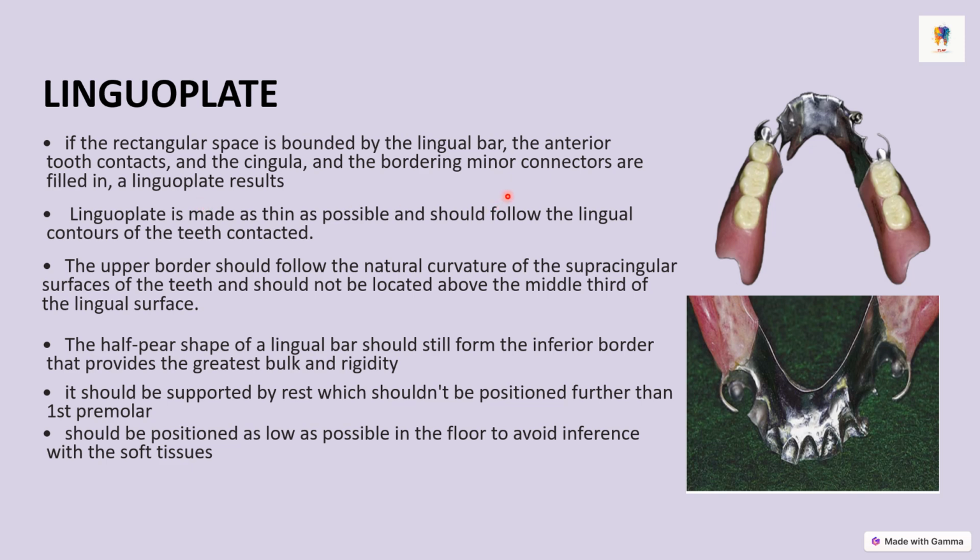How is a lingual plate made? If I give a lingual bar here, and this whole area is covered with another metal covering up to the cingulum of the tooth, and then you give all your other components, the rests, direct retainers, indirect retainers, and the base of the denture, and then teeth, that constructs your linguoplate.